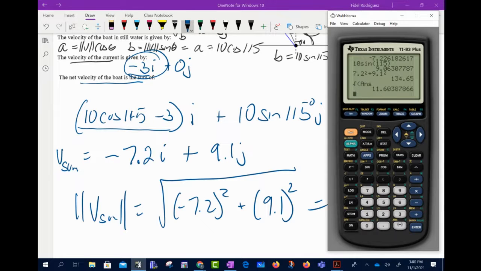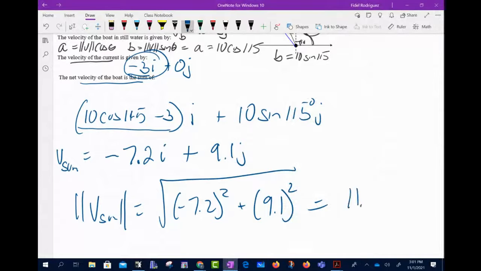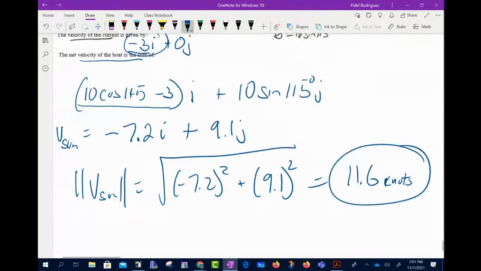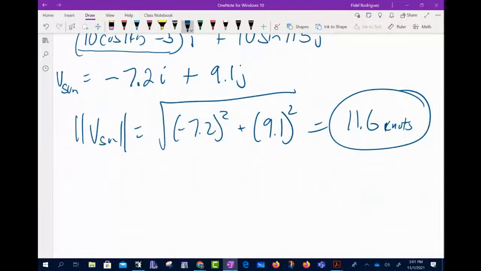What do you think? 11.6, right? So 11.6 would be in knots, because that was the unit they were giving us. Okay, and we still need to find the angle. Remember what we said, isn't the tangent of our angle equal to b divided by a?